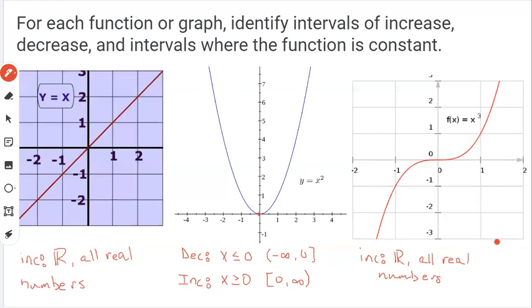So that's the difference between y equals x squared and y equals x cubed. They all have different shapes, which means they're going to have different intervals of increasing and decreasing. Okay? So now let's look at some other parent functions that you might run into.